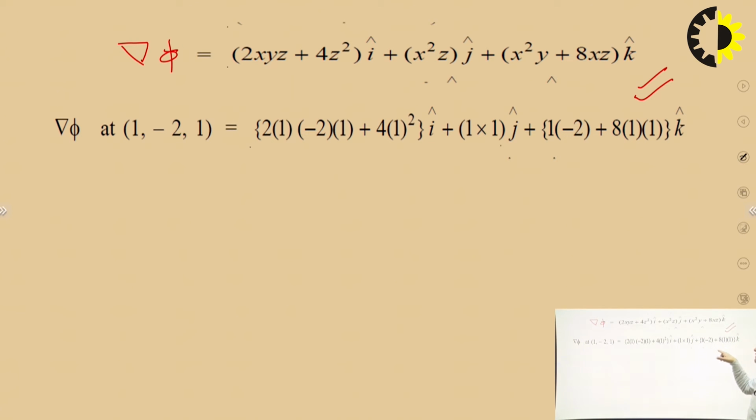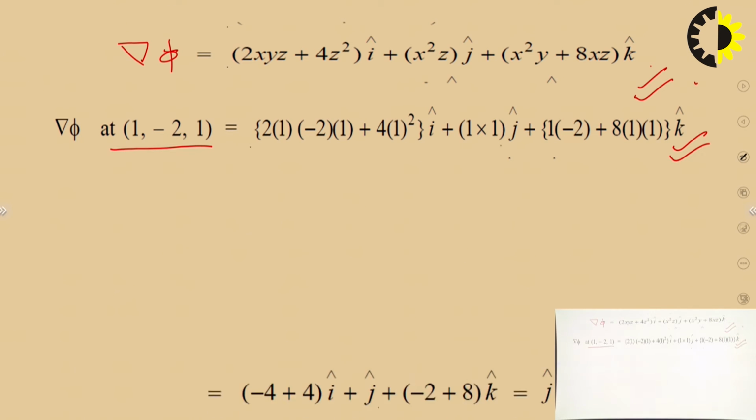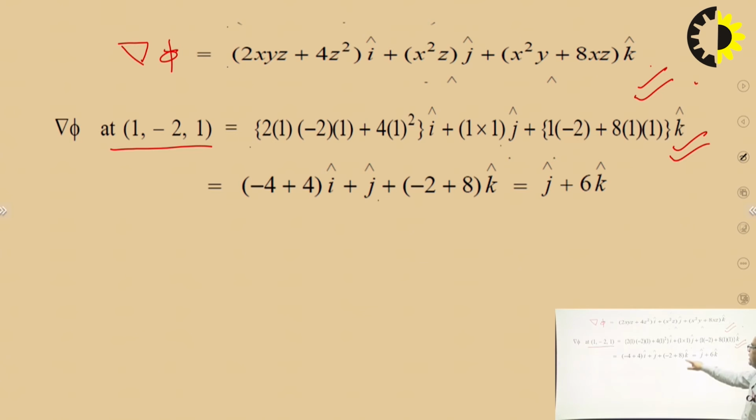Now we have to determine the particular vector at the particular point of the surface phi, which is given to us as (1, minus 2, 1). After substituting these values in the general vector and solving, we get 1 j cap plus 6 k cap, where the x component is missing. I mean to say it is 0. So either we can write it like this or we can omit it.